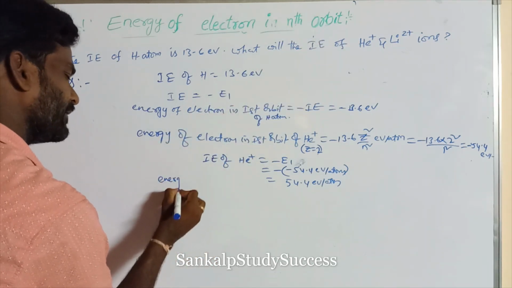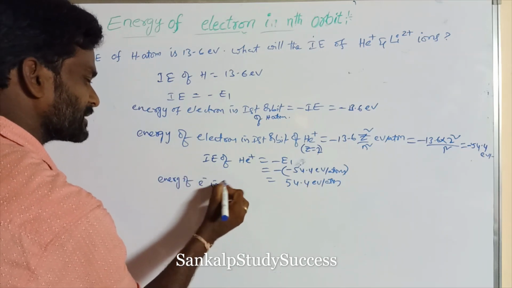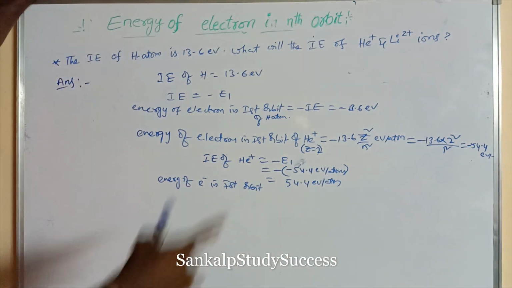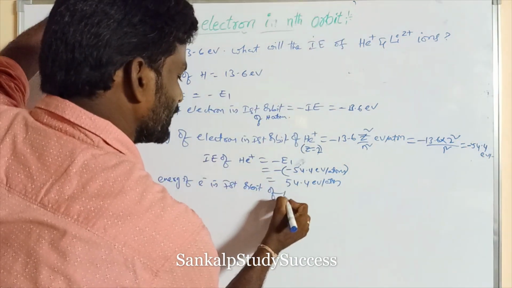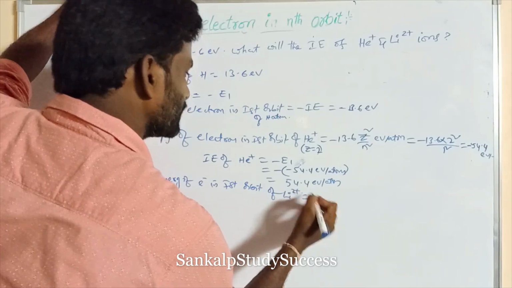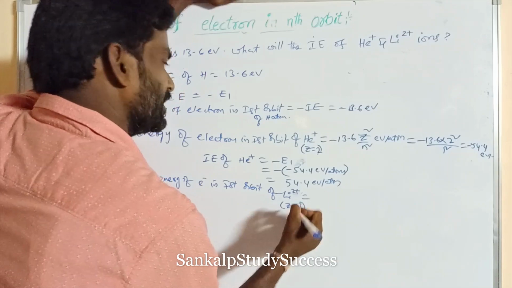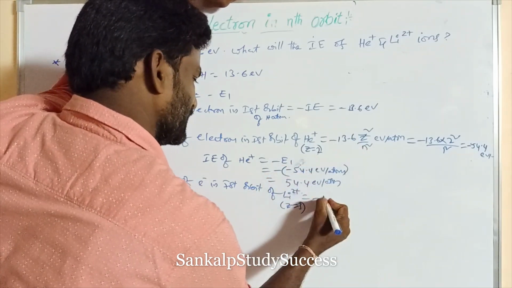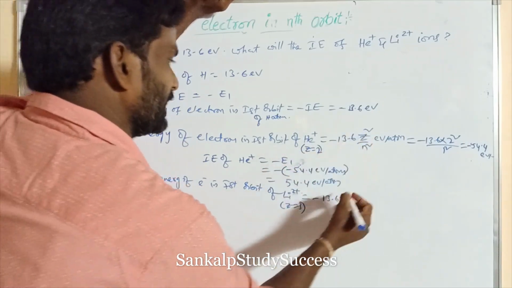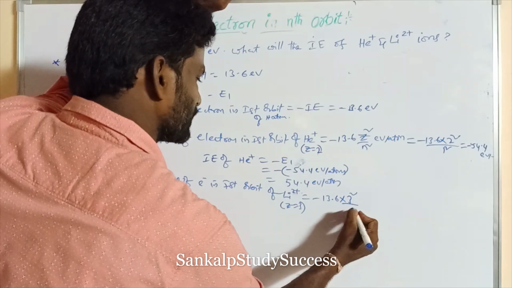First of all, we find the energy of electron in the first orbit of Li2 plus. What is the formula? What is the atomic number of lithium? 3. The formula is minus 13.6 Z square by n square, where Z is equal to 3, so 3 square means 9, and n square is 1 square.